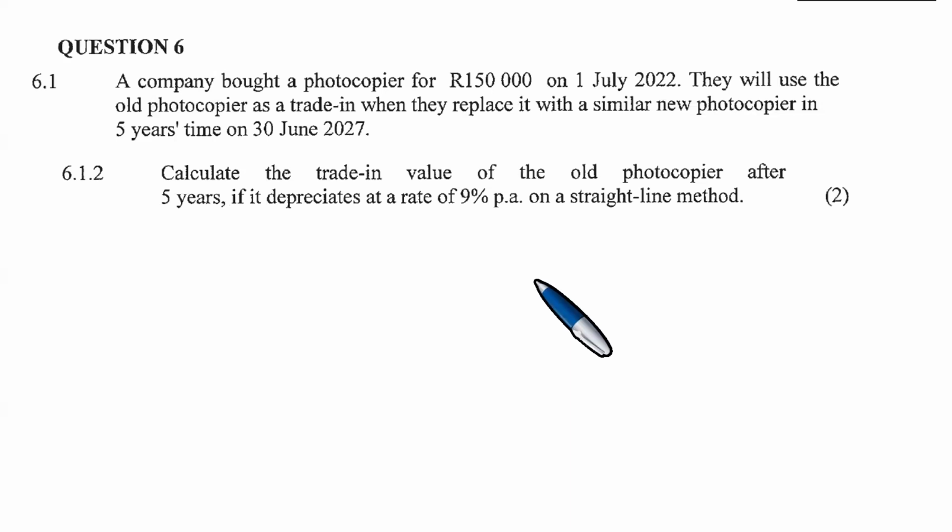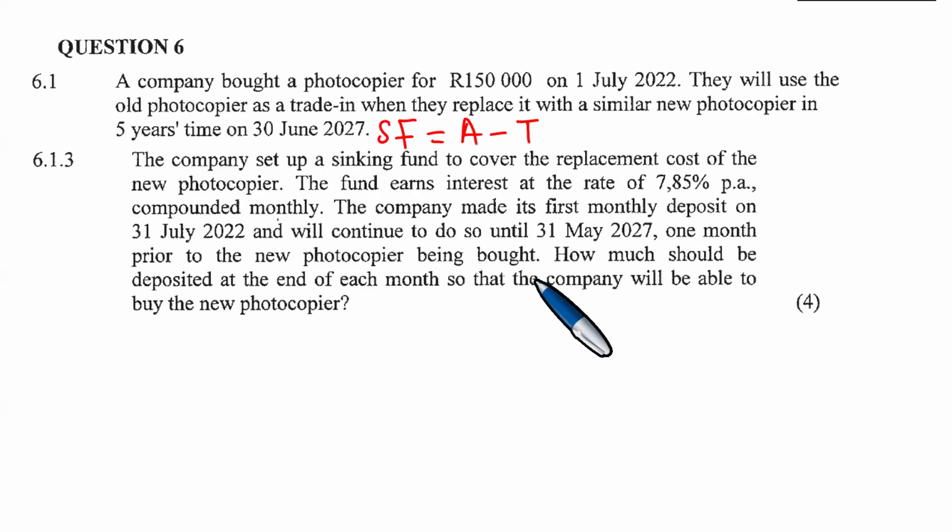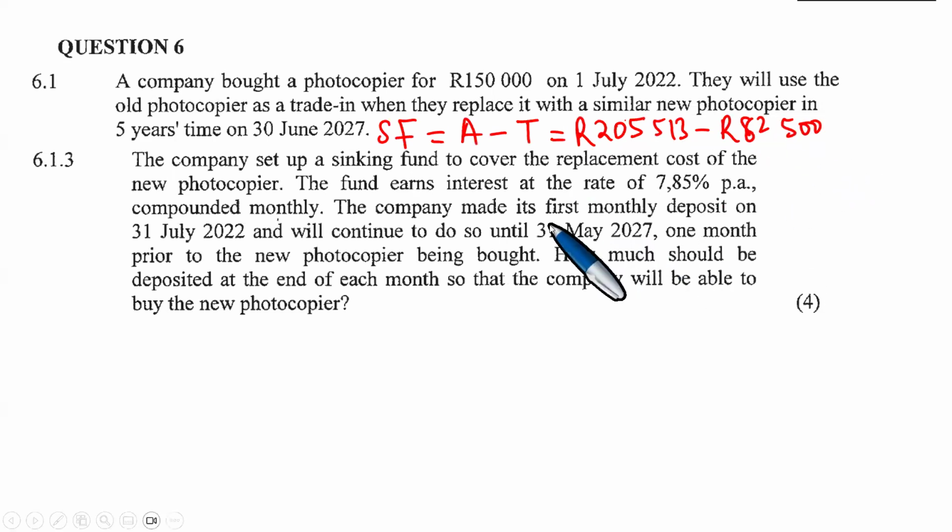So now the sinking fund is going to be the price of a new machine, 205,513 minus 82,500.